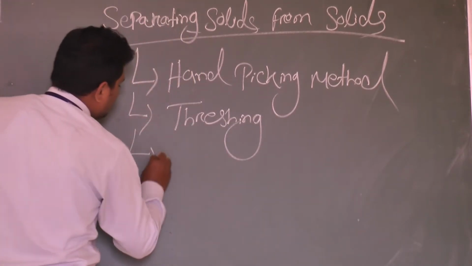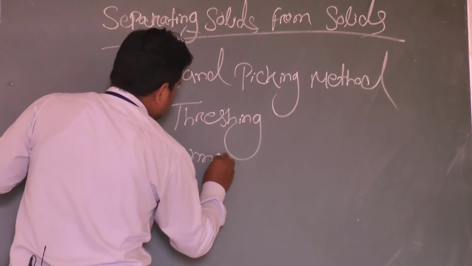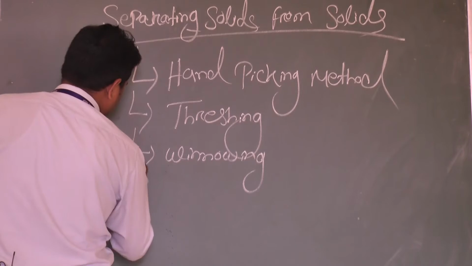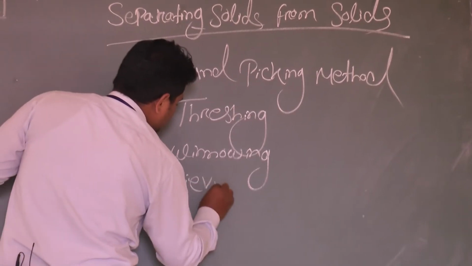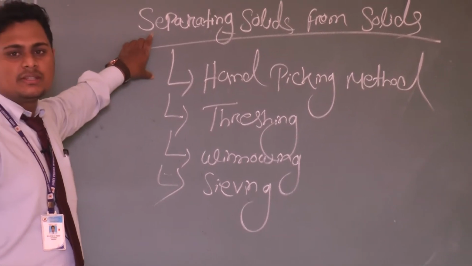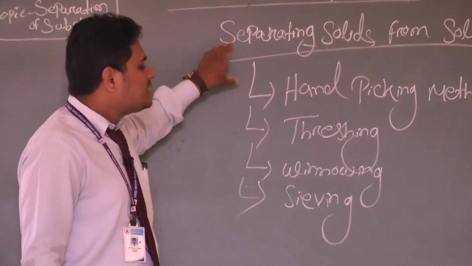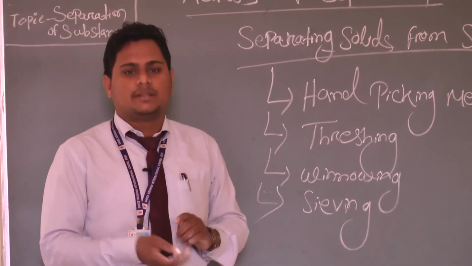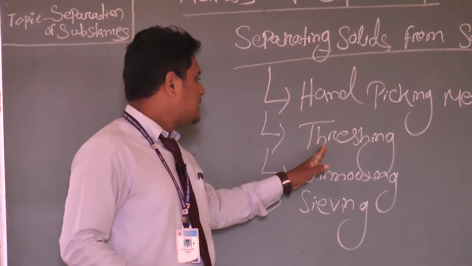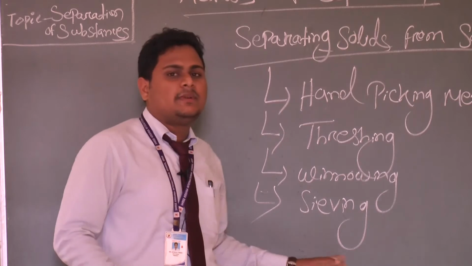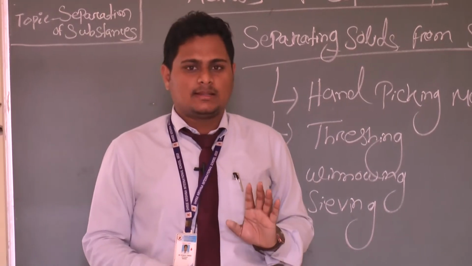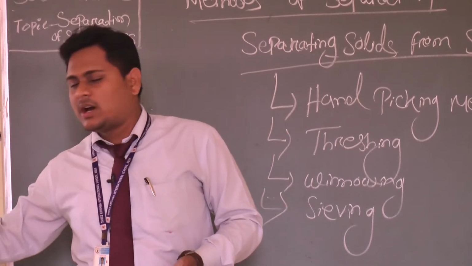Third one is winnowing. Okay, and fourth one is sieving. Okay, so these are the four processes which are involved to separate solid from solids. Okay, so these are the process, that is hand picking method, threshing, winnowing and sieving. These are involved in the separation of solid particles. Okay. Now we will discuss one by one.